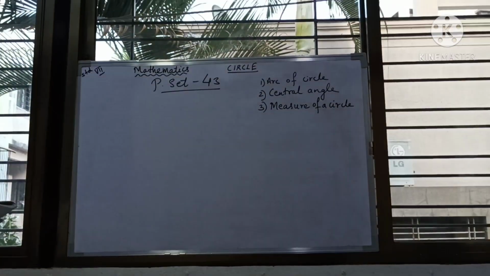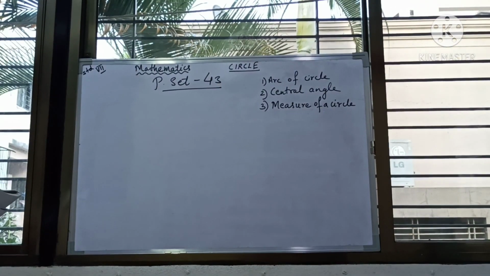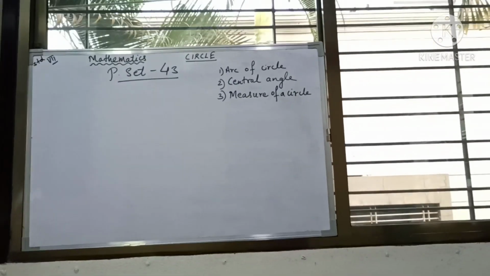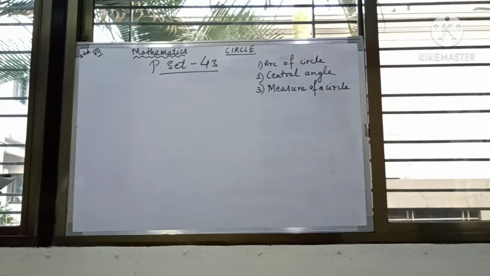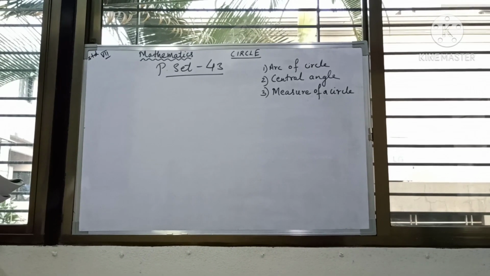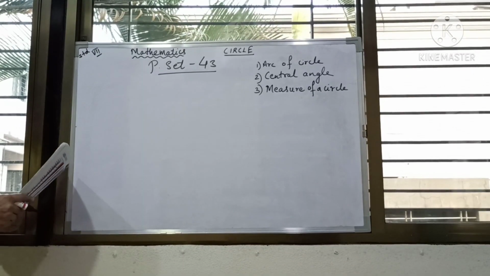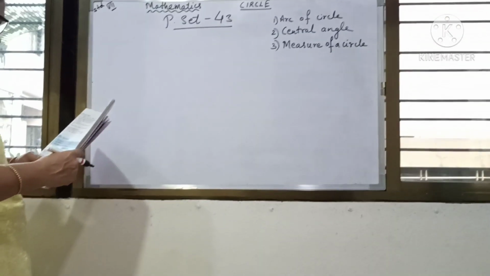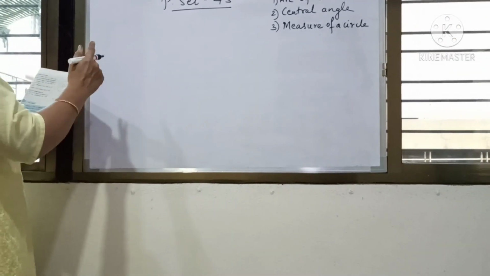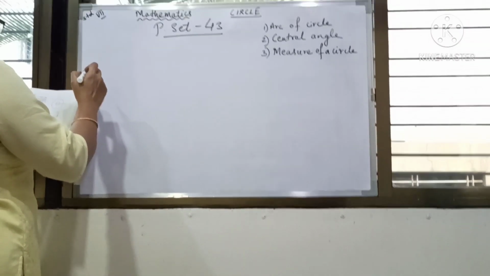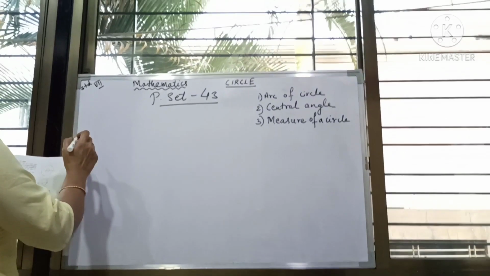If arc AXB and arc AYB are corresponding arcs and major arc AXB is 120, then find the major arc AYB. One arc is given to you, you have to find out the other arc. So you know the total of these two arcs is 360.